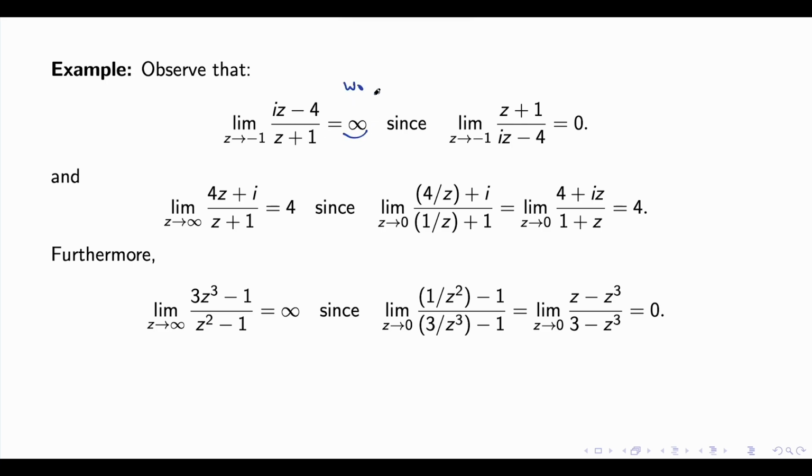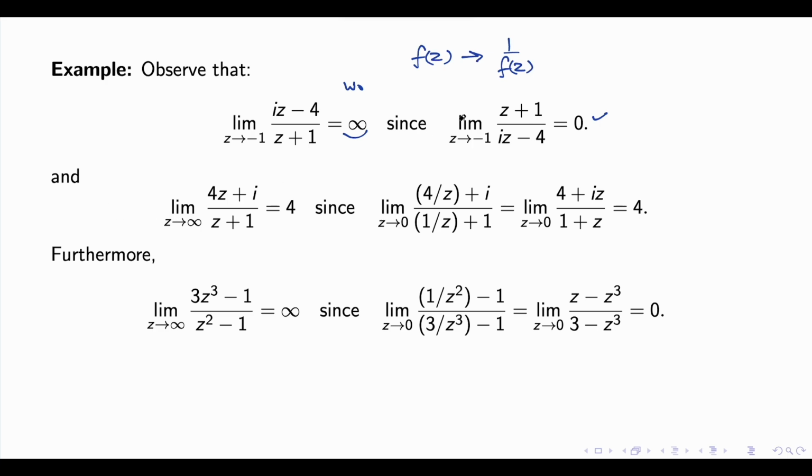Here w naught is infinity, which means f(z) becomes 1 by f(z), so the reciprocal has been taken. Then z plus 1 is in the numerator and iz minus 4 is in the denominator, and the limit will be, rather than infinity, 0.